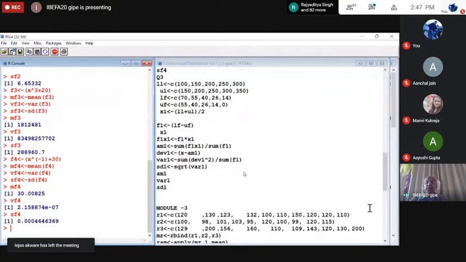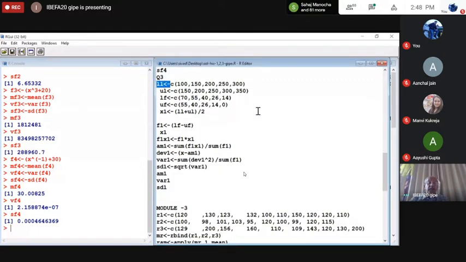Now question 3, more than cumulative frequency algorithm. So the lower values were 100, 150, 200, 250, 300.